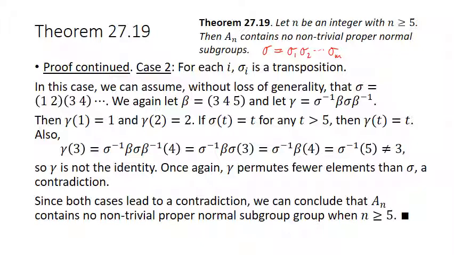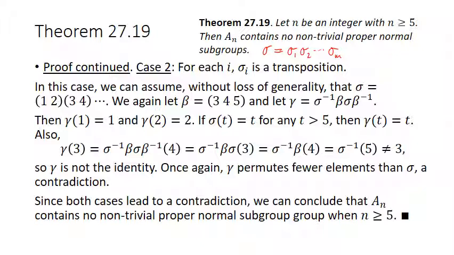Okay, so in this case, we can assume without loss of generality that sigma is equal to (1 2)(3 4)... We seem to be saying something pretty specific, but the fact of the matter is that if it is not true that sigma actually equals (1 2)(3 4), then we can just rename all of those elements from 1 to n until it does equal this.